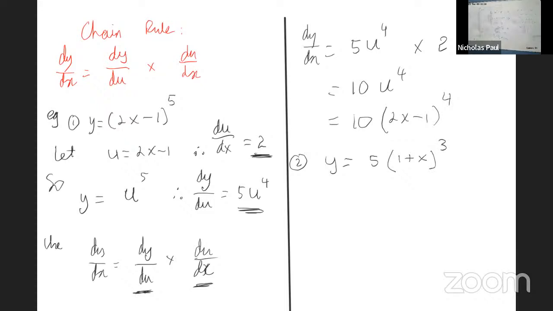Try number 2 using chain rule. Whatever in the bracket is u, right? So I'll just help you out here. Let u be the part in the bracket, 1 plus x. Take your time. Let u equal to, find the du dx, find the dy du.